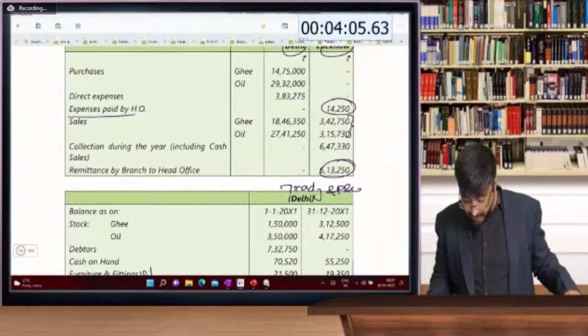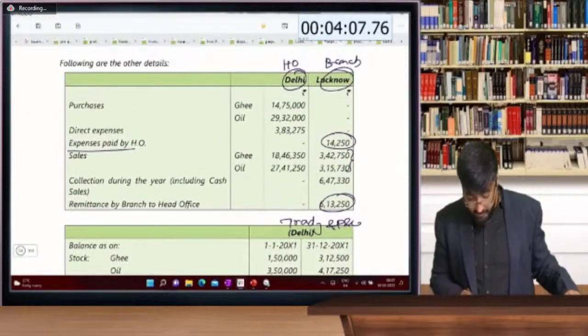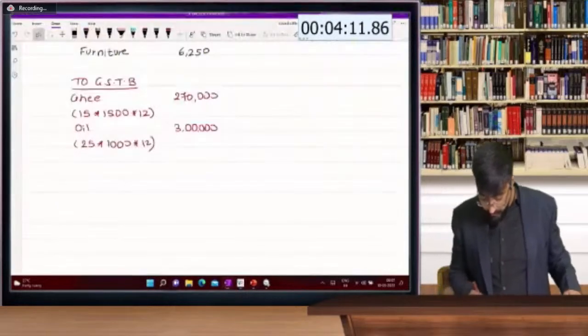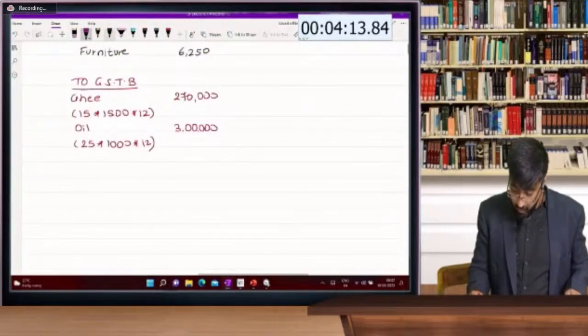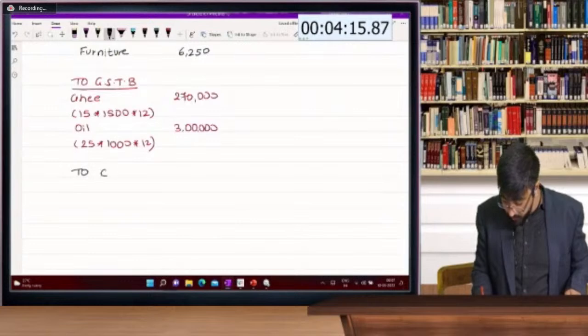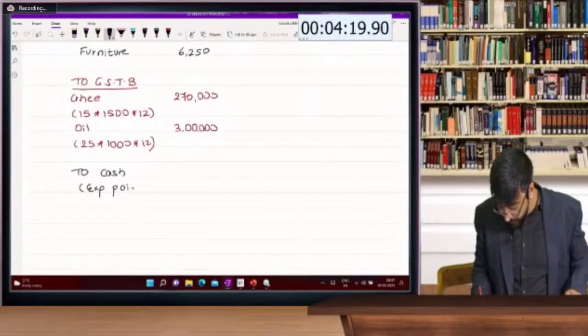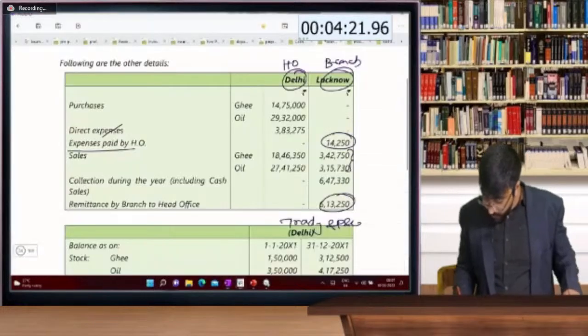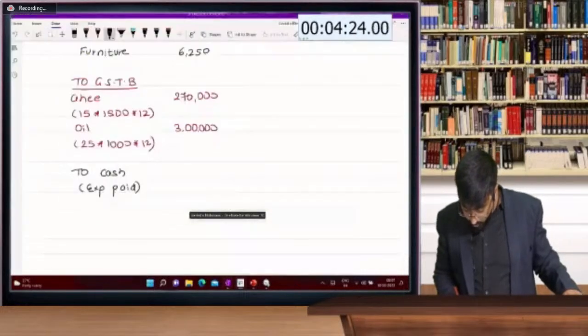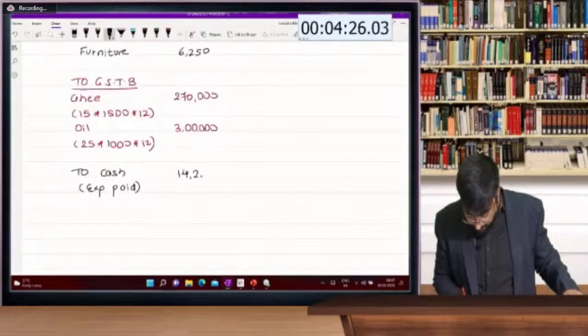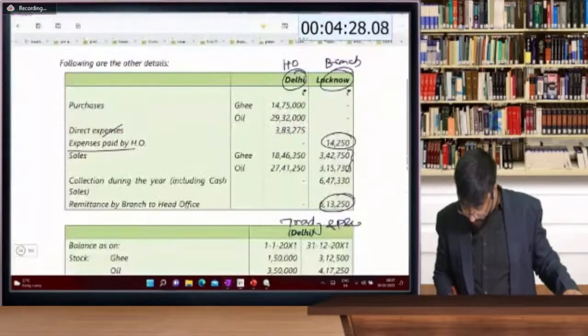Expenses paid by HO. Purchases won't be recorded. Direct expenses, no. Expenses paid by HO, yes. We are going to record this. To cash, expenses paid 14,250. Sales we won't record.